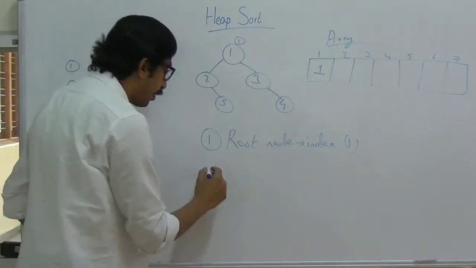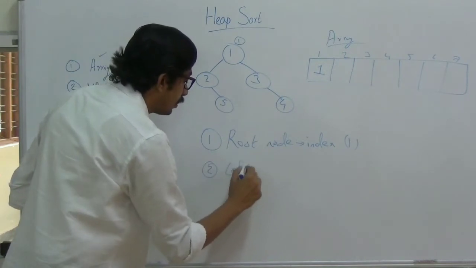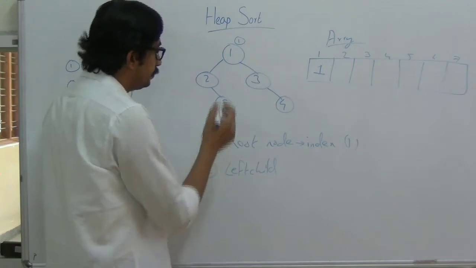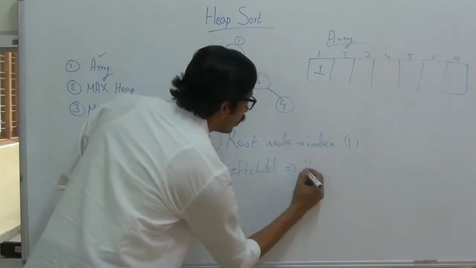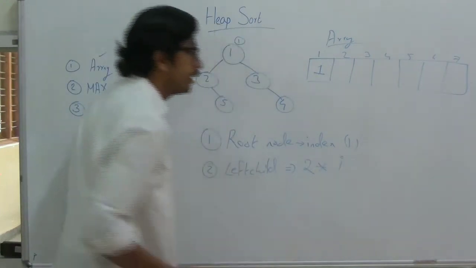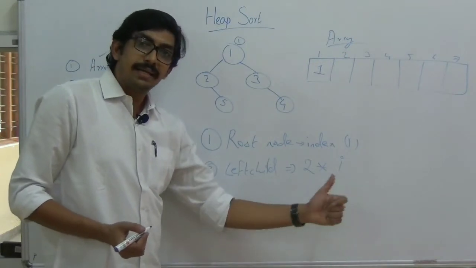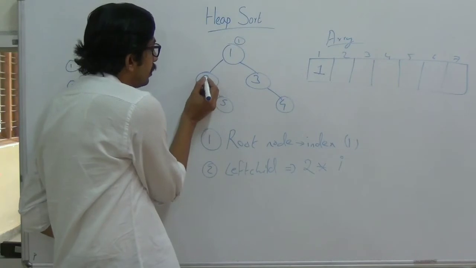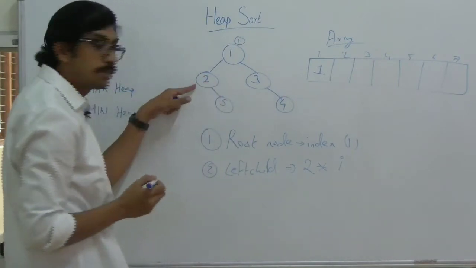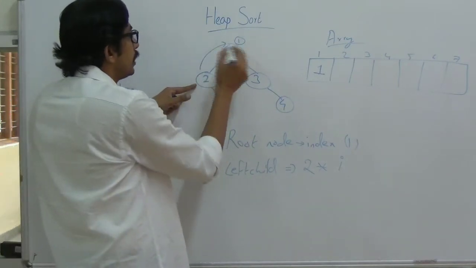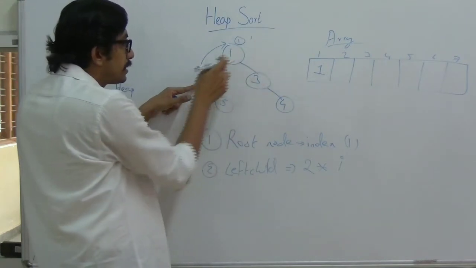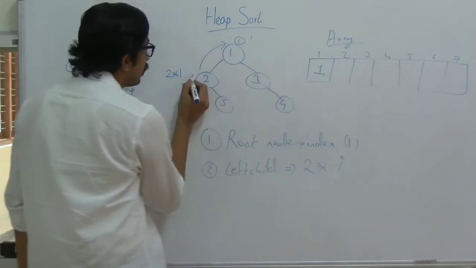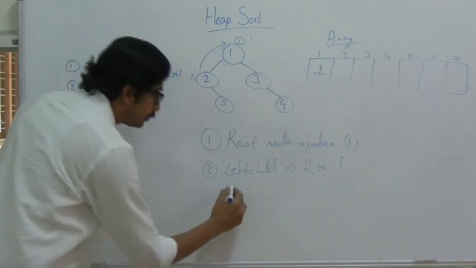And next thing you have to know is the index of a left child will be 2 into I, where I is the index number of its parent. So suppose I have to find the index position of 2, this node. The index of its parent is 1, and as it is the left side, it will be 2 into 1, which means it will be in index position 2.